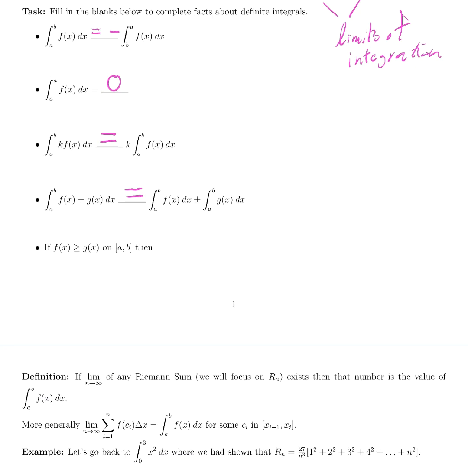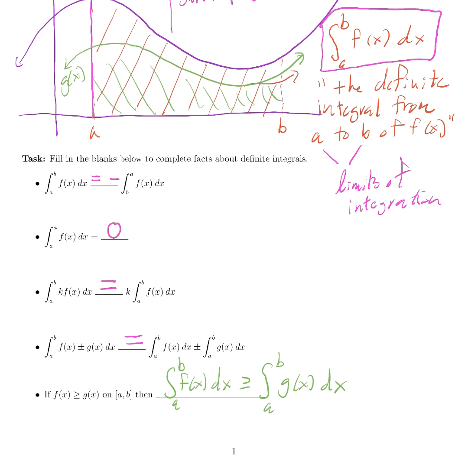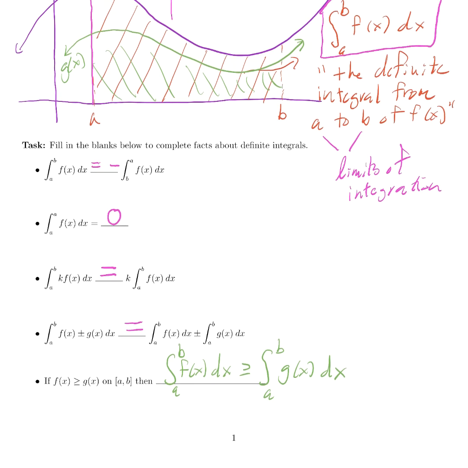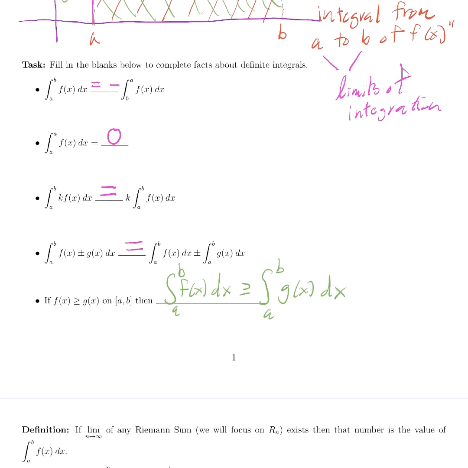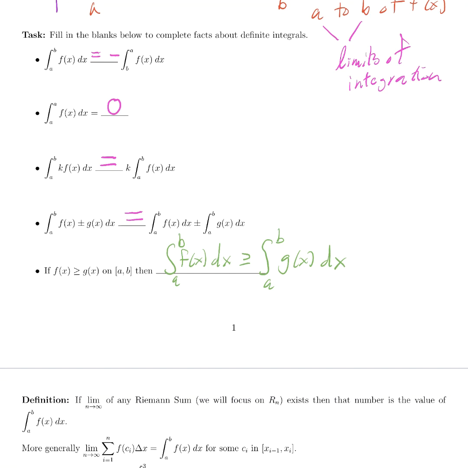So we would get that the definite integral from a to b of f of x with respect to x is greater than or equal to the integral from a to b of g. Strictly greater if we know we have the picture above, but if we don't know exactly whether g is smaller, it could be equal everywhere, we still get that inequality.